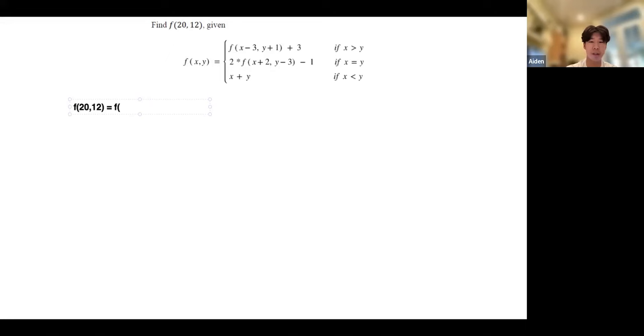So 20 minus 3 would be 17. And then y, which is 12, plus 1 would be 13. Hopefully that first step made sense to everyone. So now we need to find what f of 17 comma 13 would be.